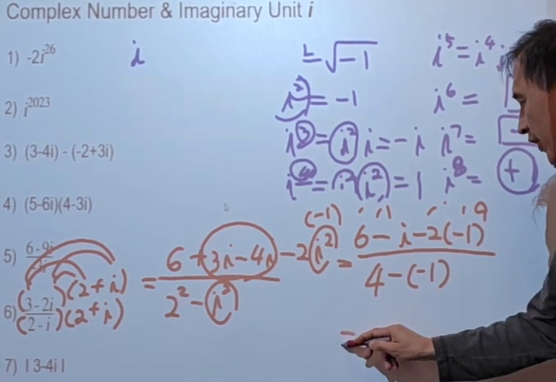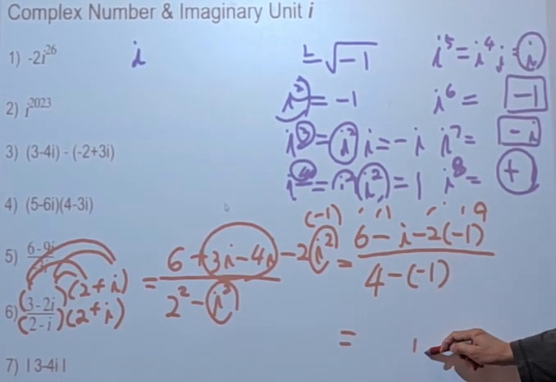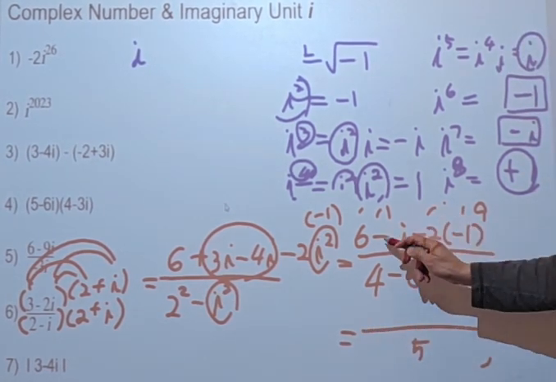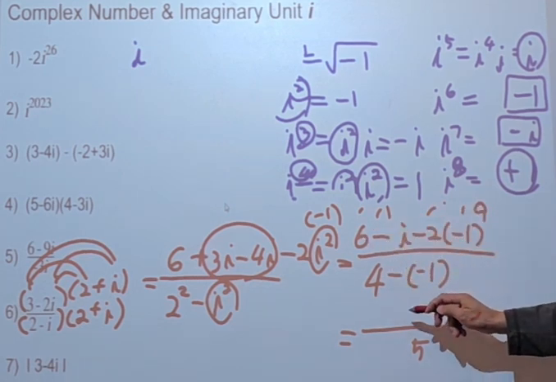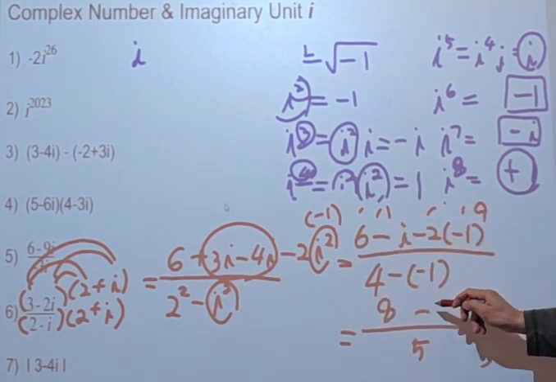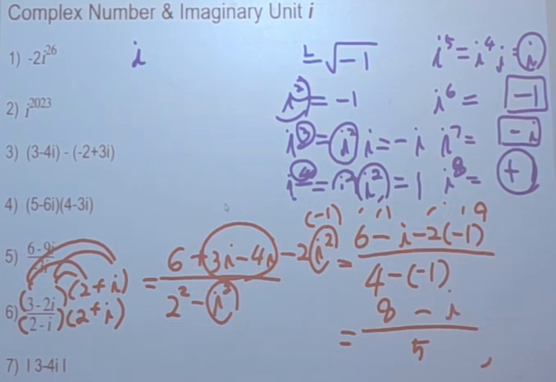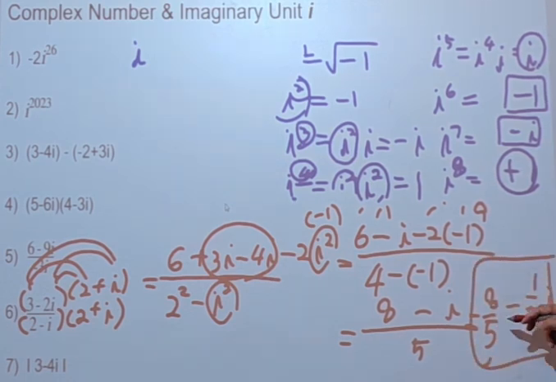So the final answer, denominator is 5, and numerator you calculate, plus 2 with 6, 8 minus i, right? So we change to a plus bi form, then 8 over 5, and minus 1 over 5 i. So a is 8/5 and b is -1/5.